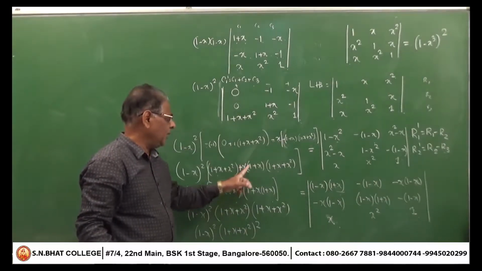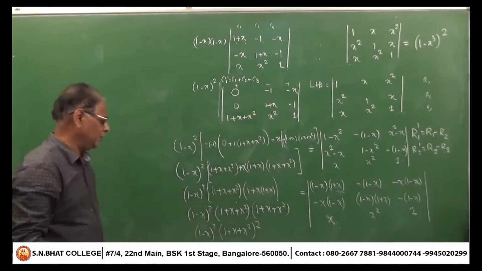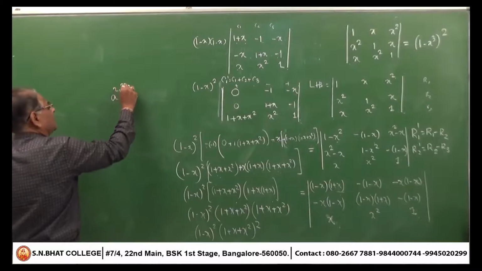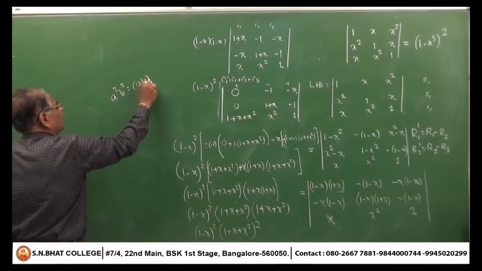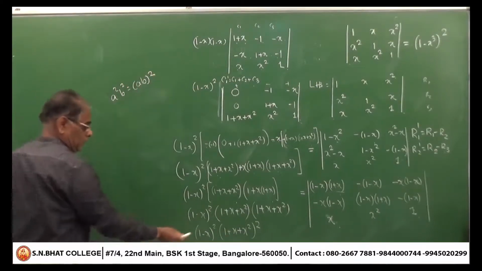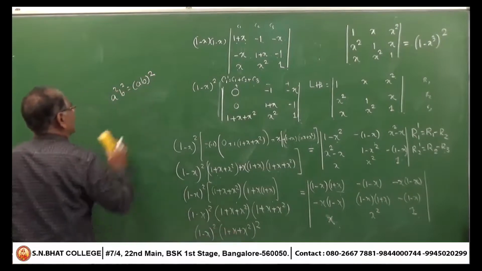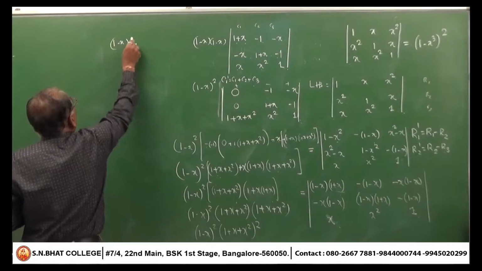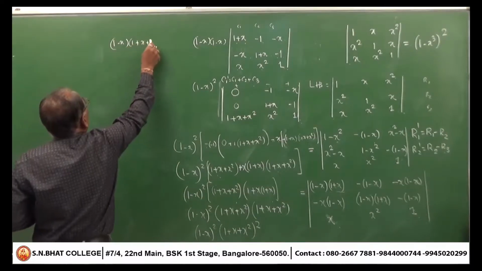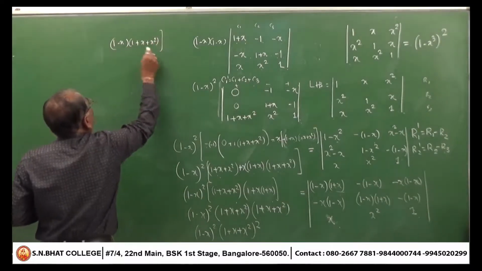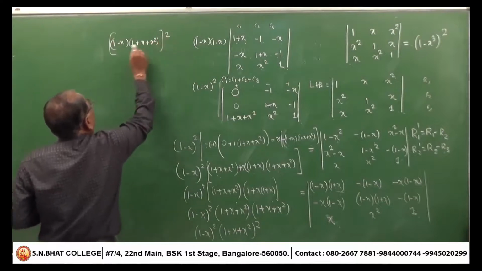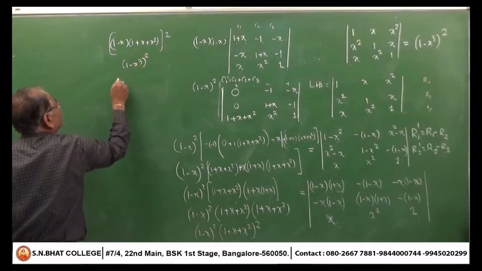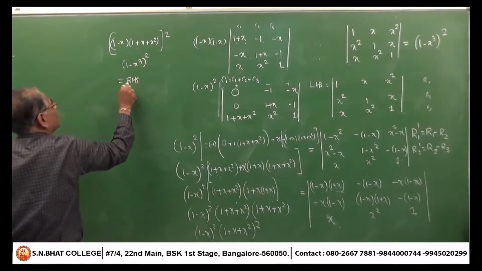Minus into minus plus x into (1 plus x) into (1 plus x). a square b square can be written as (ab) whole square. So (1 minus x) is (1 minus x cube) whole square. This is RHS.